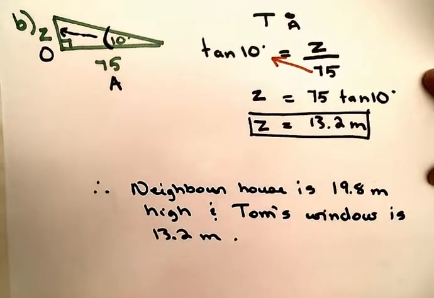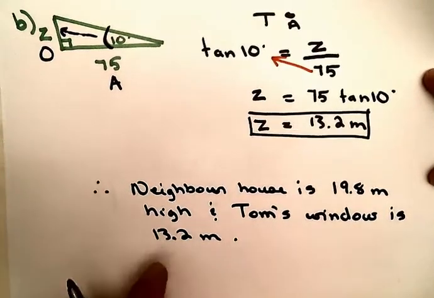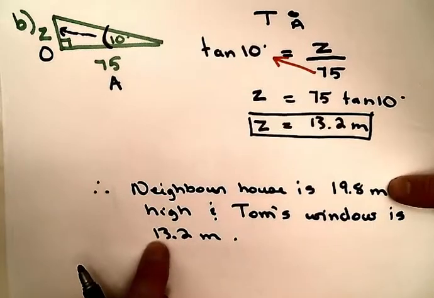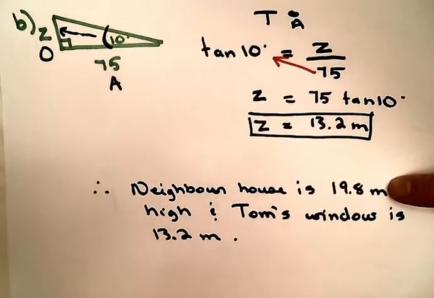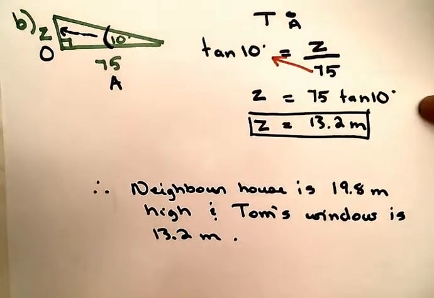It's also proportional: 13 of 19.8 makes sense. So the trigonometry holds up. It is a bit of an approximation, and that's how you do one of these questions.